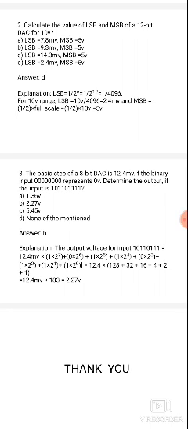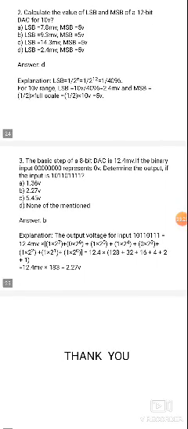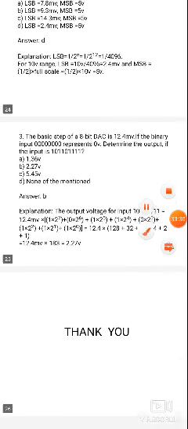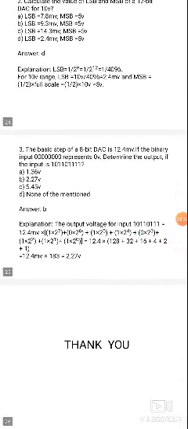Next, last question: the basic step of an 8-bit digital to analog converter is 12.4 millivolts. If the binary input is all zeros, it represents 0 volts.